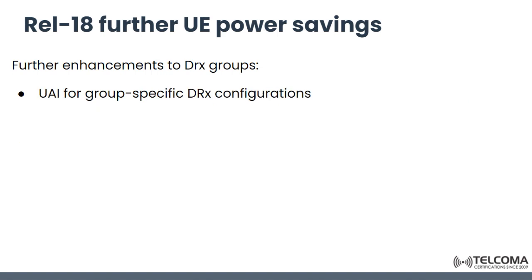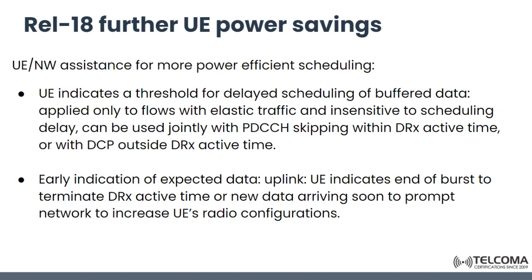What are the further enhancements in this? We have a UI for group-specific DRX configurations, which gives further UE power saving. That means UE or network assistance for more efficient scheduling. The UE indicates a threshold for delayed scheduling of the buffered data.